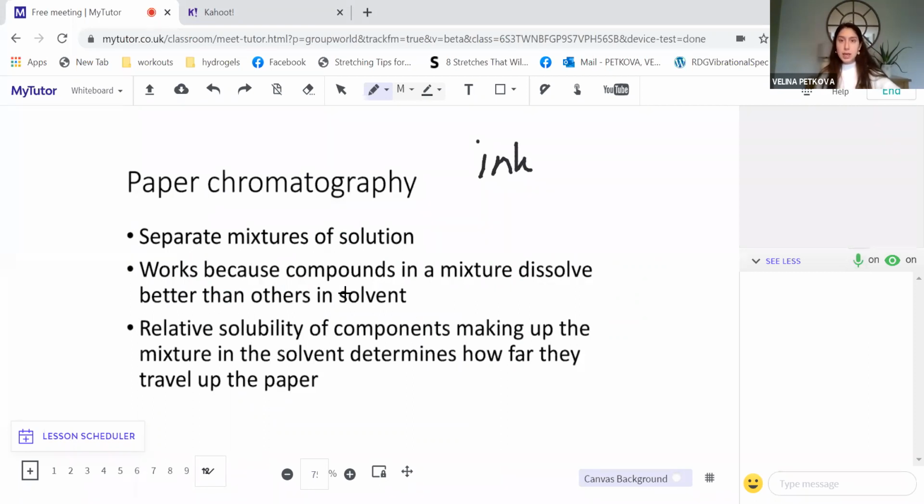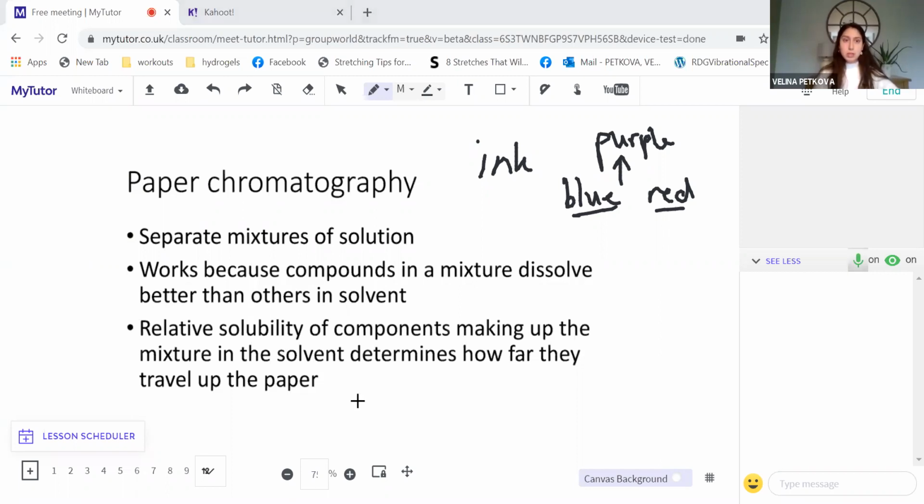Say if we had purple ink, you make that from blue and red. That is a mixture of blue and red solutions. We sometimes want to separate these solutions to find out what compounds are in it.